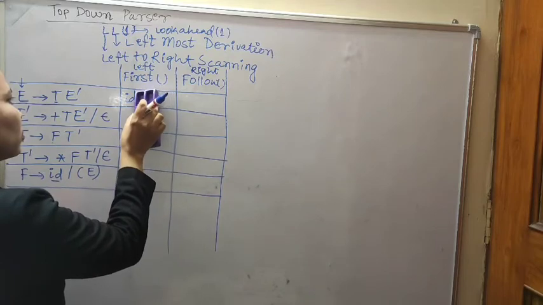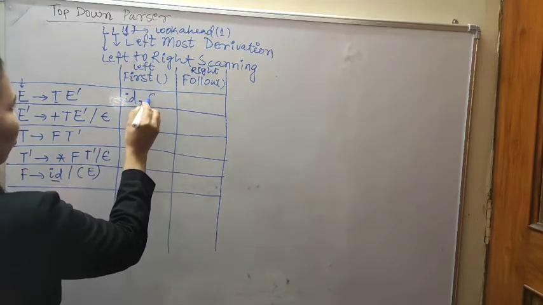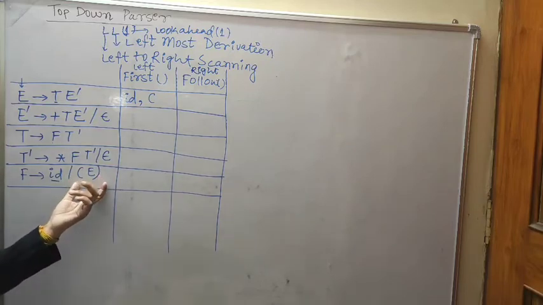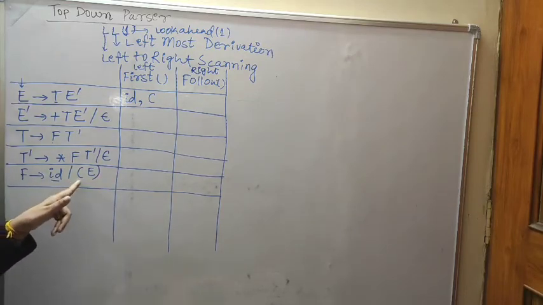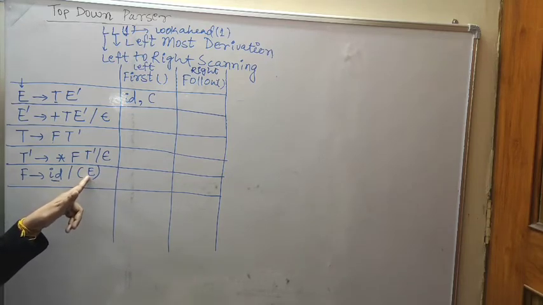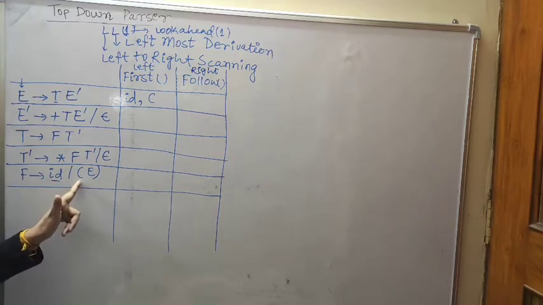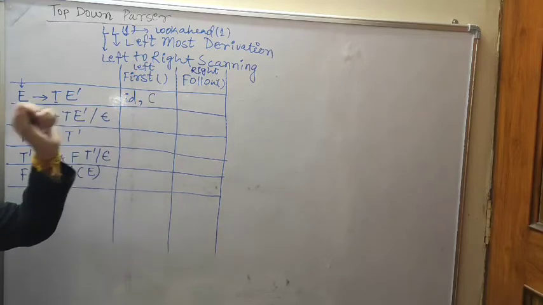ID and open braces. We will not write the whole part. Always remember that parenthesis open and parenthesis close are terminal variables, but E is a non-terminal variable. First of F is ID, and the other one given is open braces. So first of one is ID and first of the second one is open braces. That is why ID and open braces.